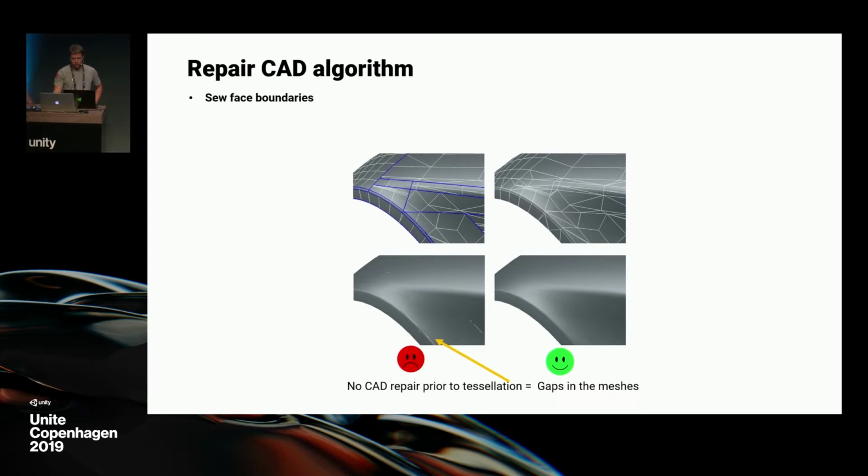The repair CAD algorithm is a bundle of unitary processes to optimize the BREP. In some models, for example, in surfacic models like in Alias, the patches are disconnected, and we need to reconstruct a good topology over the model to avoid cracks on the mesh. Here we see a cracked mesh and the defaults that can appear.